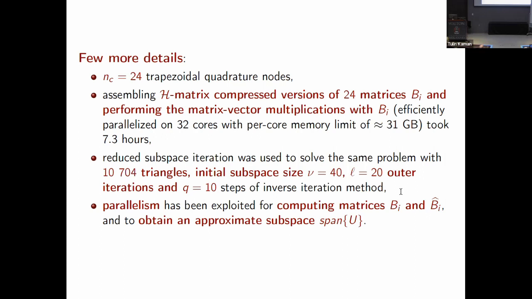And we use reduced subspace iteration to solve the same problem with 10,000 triangles and initial subspace size 40. And we have exploited the parallelism and everything. So we're very happy to get these results with much better accuracy and also relatively fast using this approach.